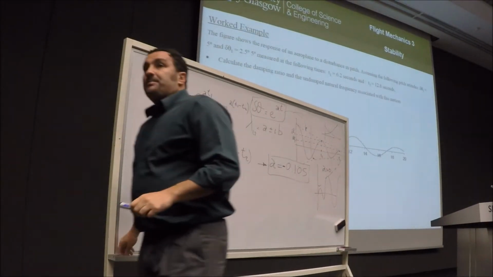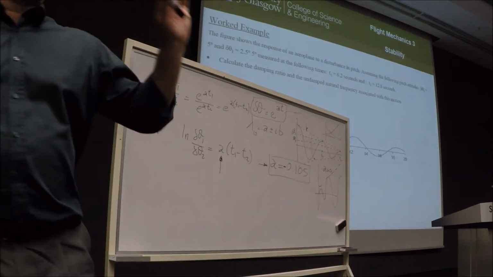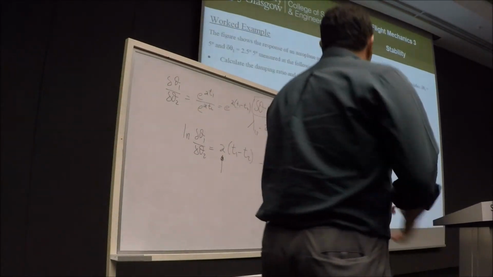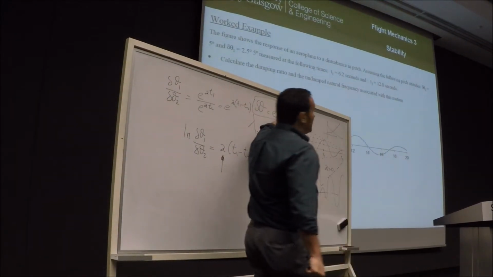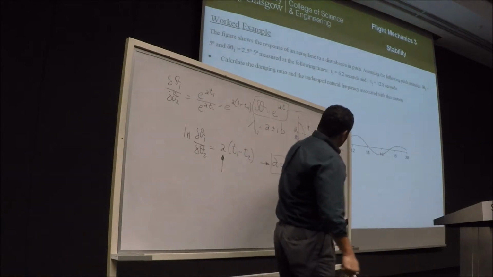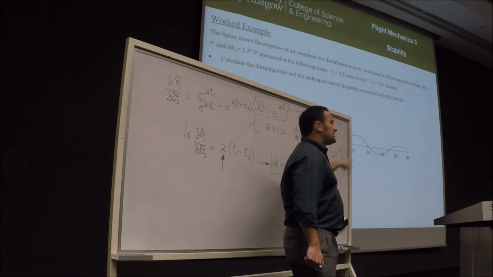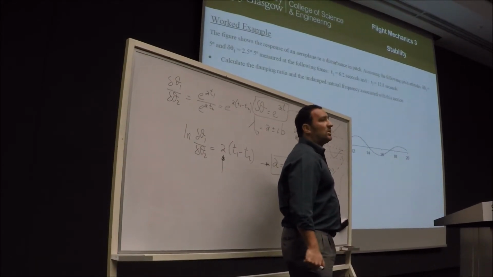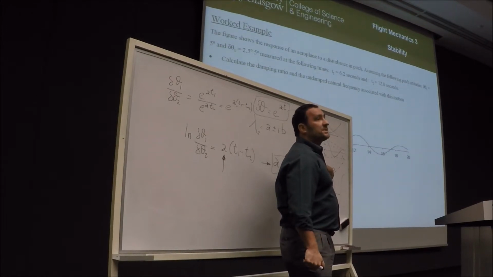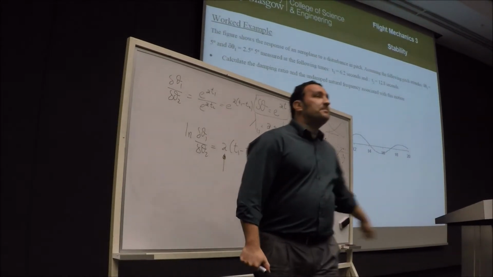So if your perturbation is stable, A is negative. If the perturbation is unstable, A has to be positive.